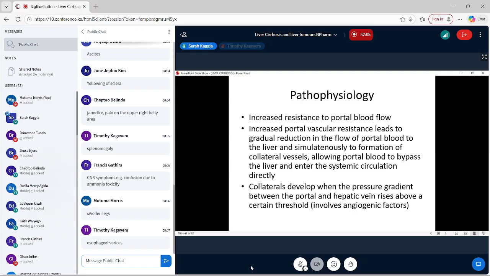Just like in the heart, if you think about a river, how rivers drain into the ocean or a lake, you see there are many tributaries that can occur, whether there's a blockage, etc. So it's the same here. Collaterals will form. Okay, so they'll allow portal blood to bypass systemic circulation. Okay, and those are the things we talk about in portal systemic shunting.